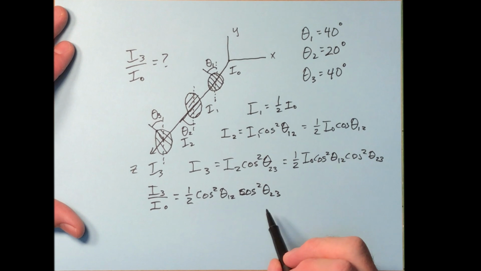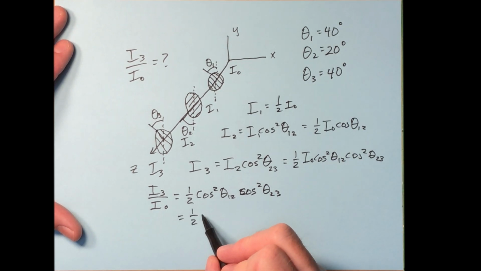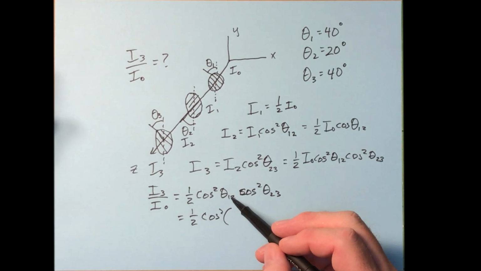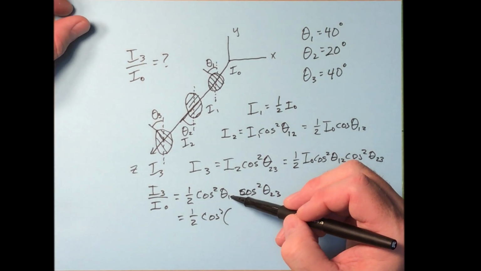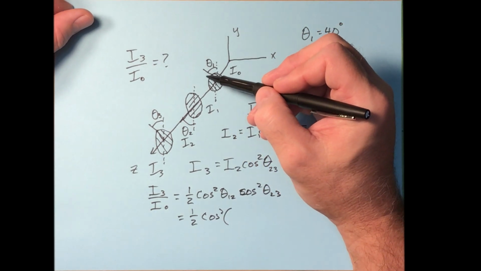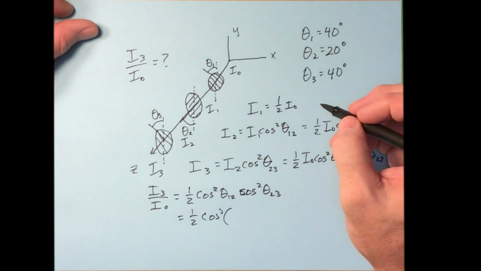All right, now we need to figure out what these angles are here. So here's the way I'm going to do it. Let's say this is cosine squared of this angle between 2 and 1. Now, in terms of all of those angles right there, you can notice this.